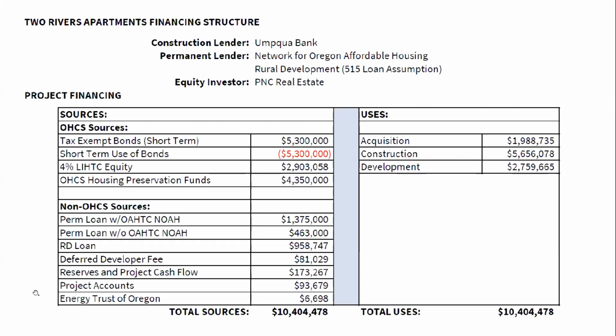Our goal on all of these projects is to do the amount of rehab to make the project sustainable for the next 20 to 30 years. So we really have to push the envelope on the rehab we can do with the resources that we have.